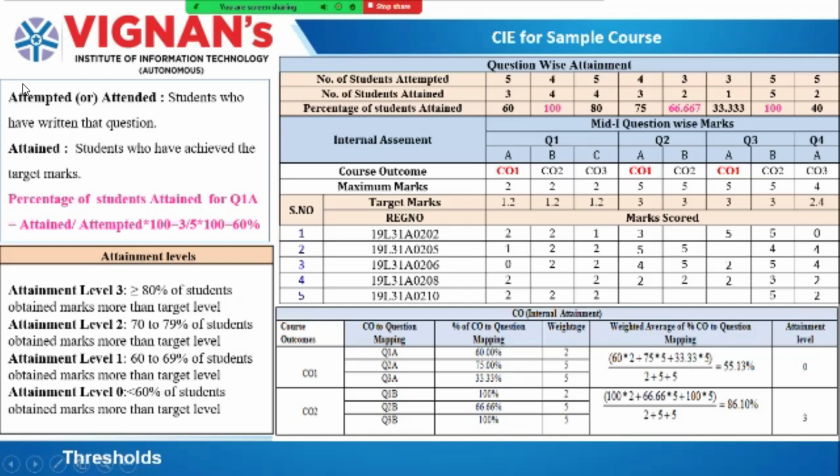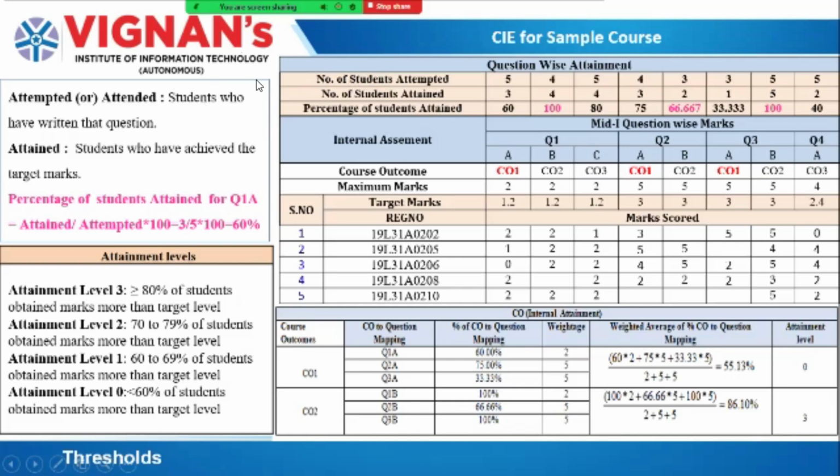After that, attained: students who have achieved the target marks. Based on the earlier discussion, we set one target, for example for 10 marks here. Different students scored different marks for different sections, like question 1, question 2, question 3, and question 4.